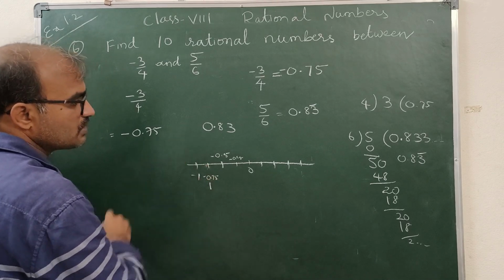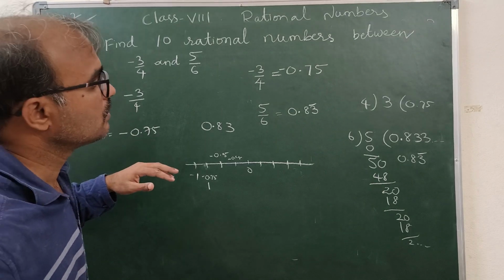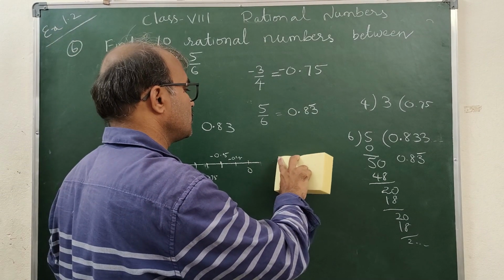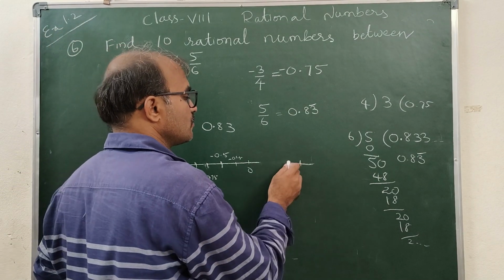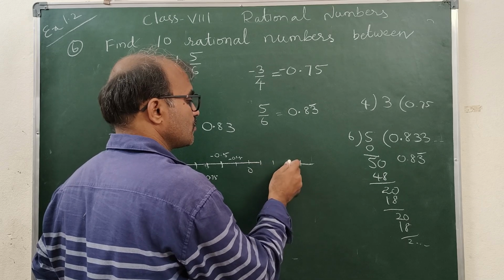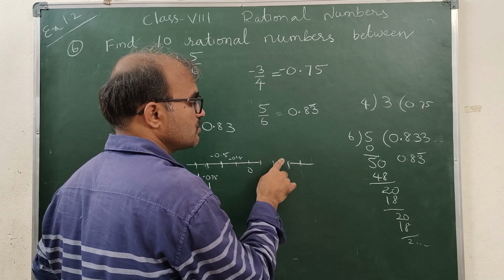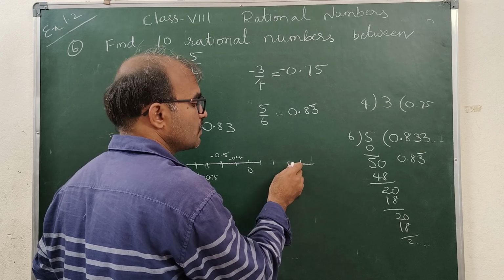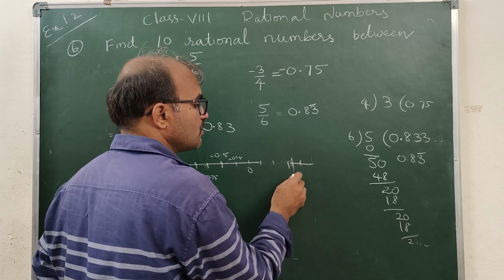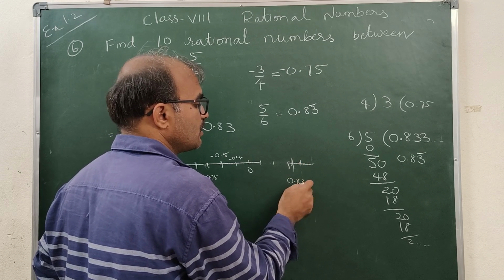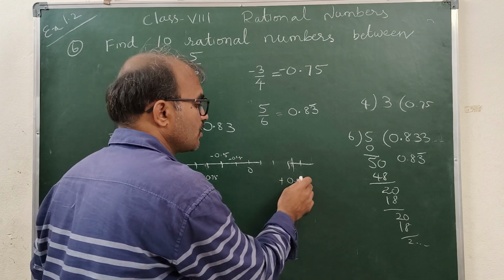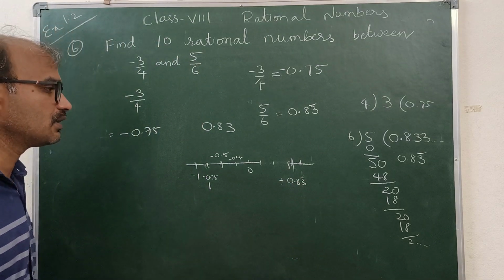So this will be minus 0.75 and here 0.83, right? 0.1, 0.2, 0.3, 0.4, 0.5, 0.6, 0.7, 0.8. After 0.8 somewhere will be 0.83 bar.